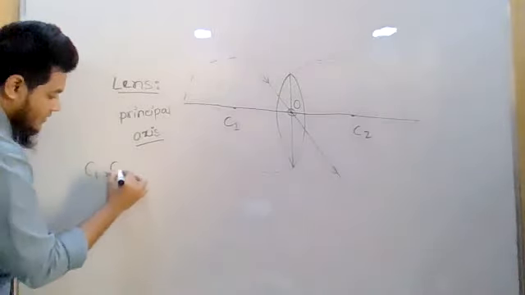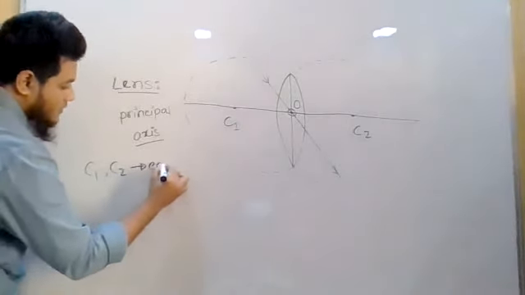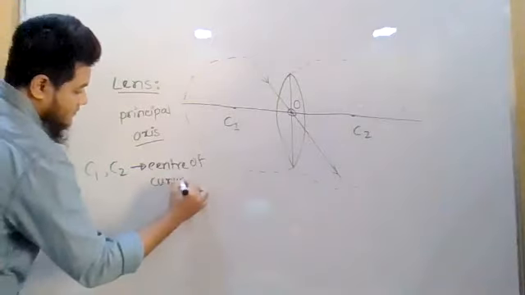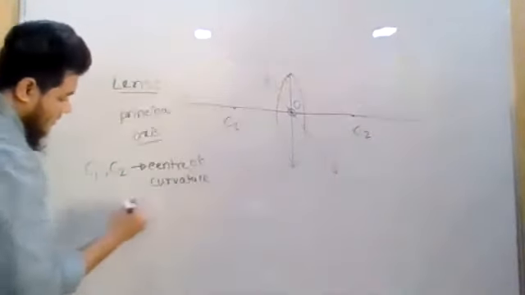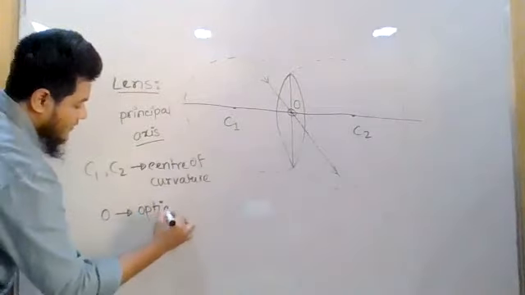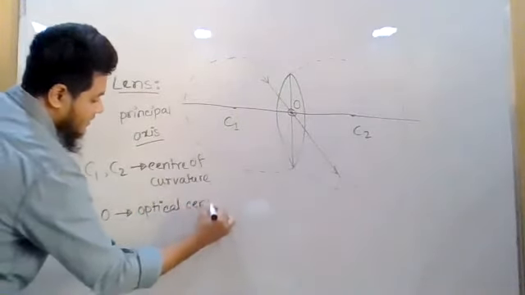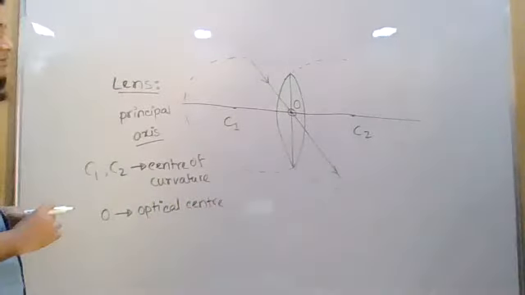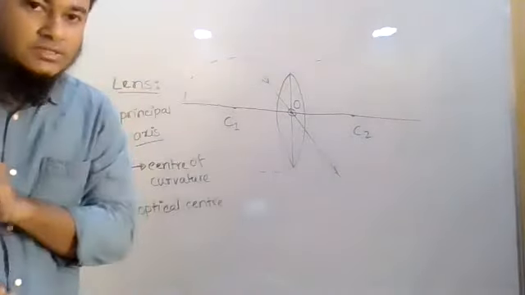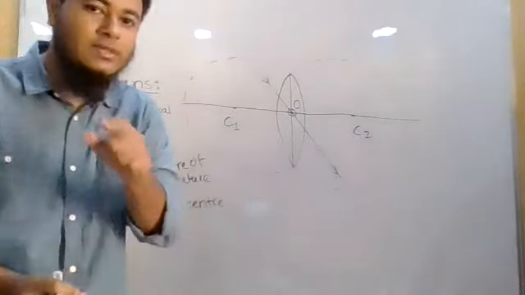Okay, let me write it here. C1, C2, the centers of curvature, and O, this is the optical center. And how can we define or find the optical center? The point through which if a light ray is incident or passes, it will not change the direction. Okay, the point inside the lens, that one we have to mention.